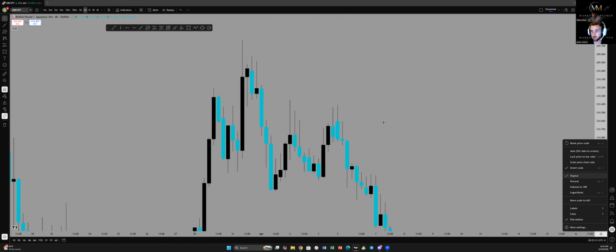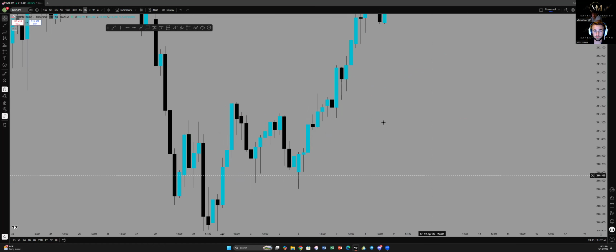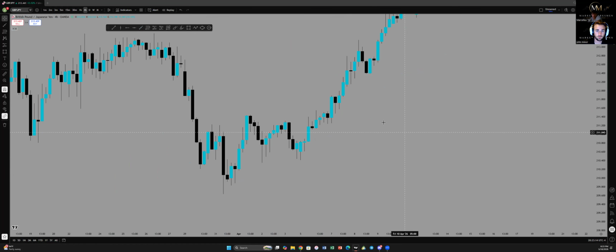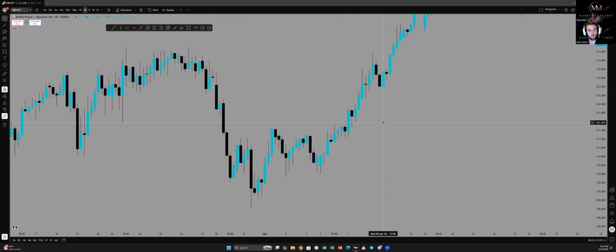And as you can see, fair value gaps are generated all throughout the market. You can find them literally everywhere. And basically, all they are is imbalances where price can come back to, and price is drawn back towards them to fill that imbalance. So it's basically a form of liquidity and resting orders that are left to be filled.